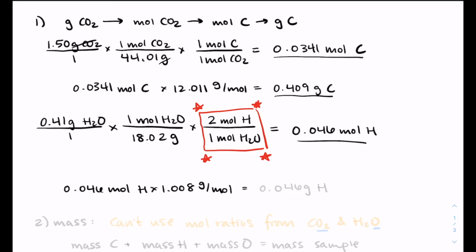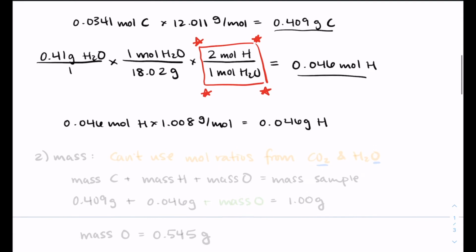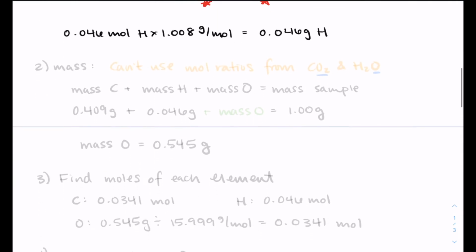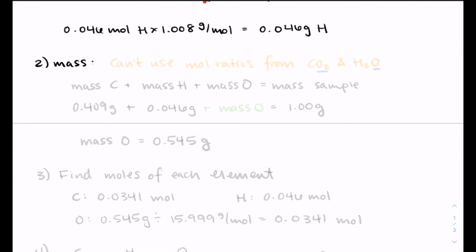The mass of oxygen, again, you can't use the mole ratios from carbon dioxide or water because the oxygens in carbon dioxide and water, some of them came from vitamin C, but some of them came from the O2 that we put into the reaction. And we are just using massive amounts of O2. We're not measuring it.